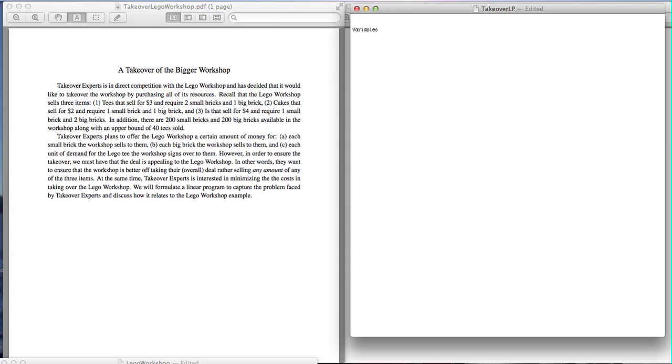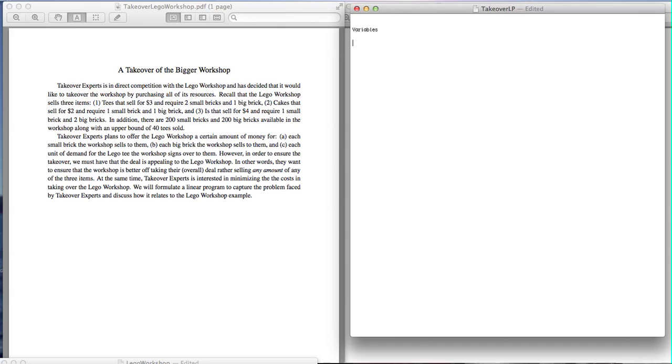In particular, we are deciding how much to price each small brick, how much to price each big brick, and how much to price each T. That price is what we're going to offer the Lego Workshop for a small brick, for a big brick, and for a unit of the Lego T demand.